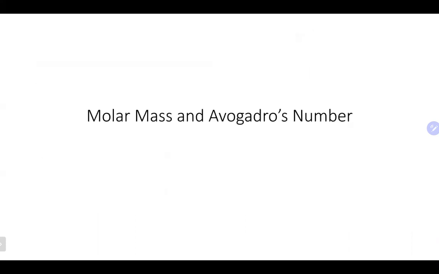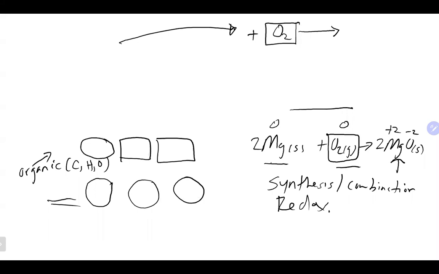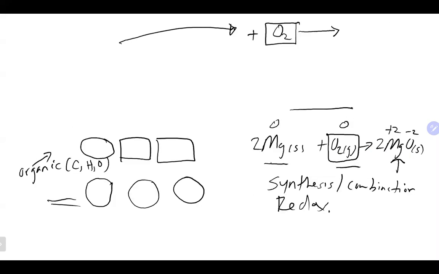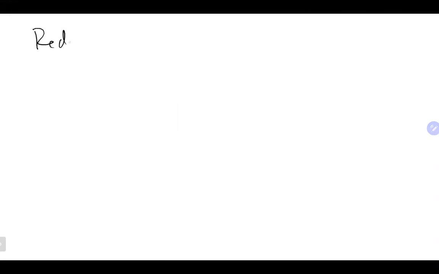So just to summarize where everything sits in terms of reactions, I got a page here. Let me just get rid of this stuff here. So again, on the redox side of the big classification of reactions, underneath that, you have your synthesis and combination reaction.